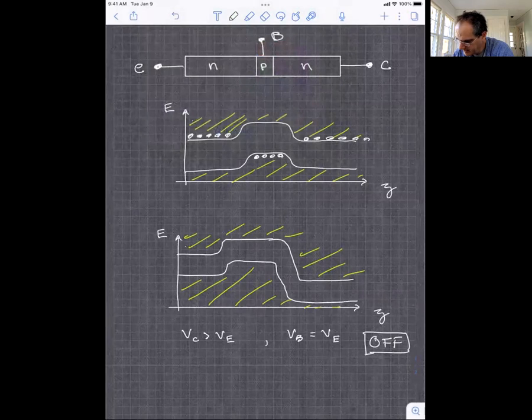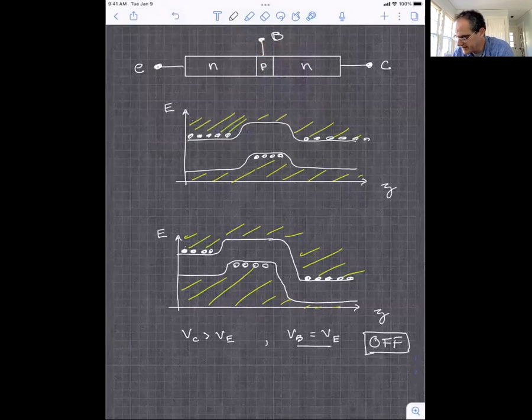So first of all, in the emitter region, it's still N-type. We have electrons. And in the base region, it's still holes. And the barrier between the base and the emitter is exactly the same as before because we haven't changed the voltage between these. On the other hand, we've made the collector more positive than the emitter, which from the point of view of electrons means we've lowered the potential energy there.